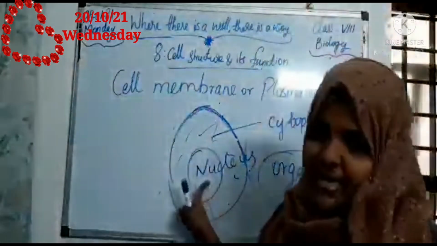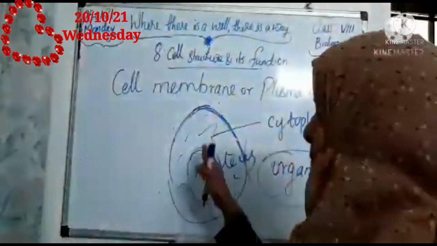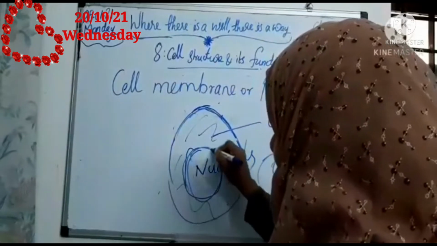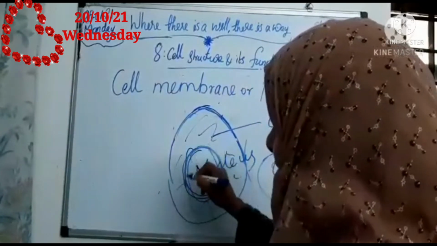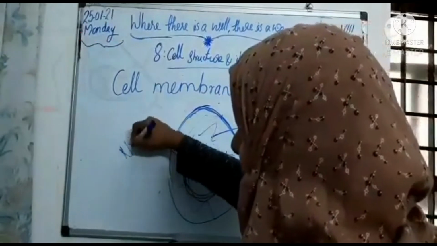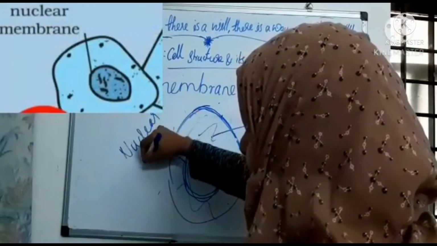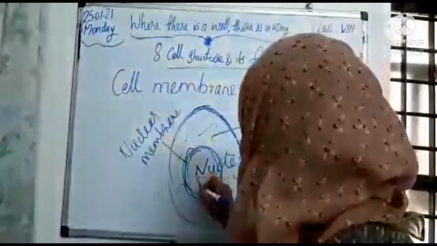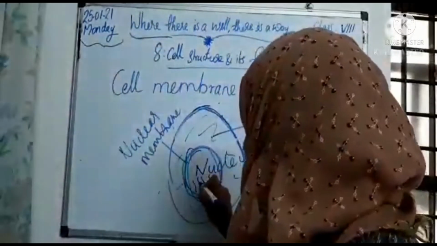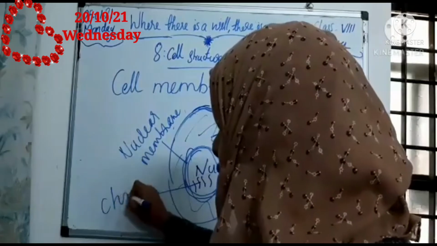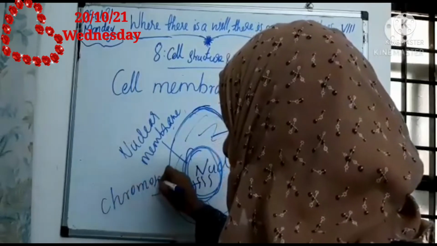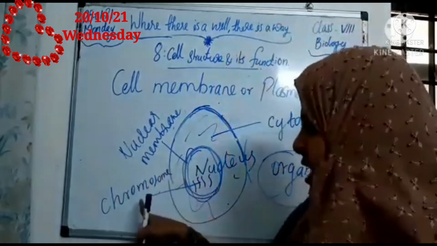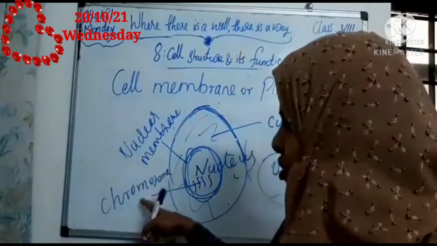It is separated from the cytoplasm by a protective membrane that we call the nuclear membrane. Inside the nucleus, thread-like structures are present that we call chromosomes.